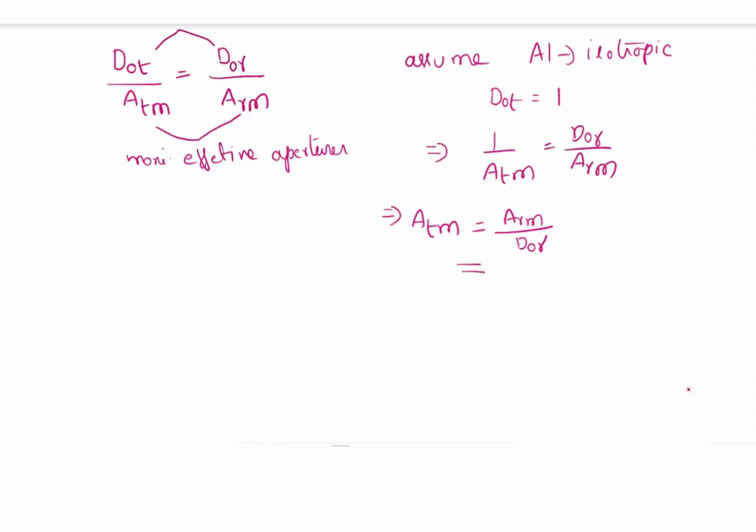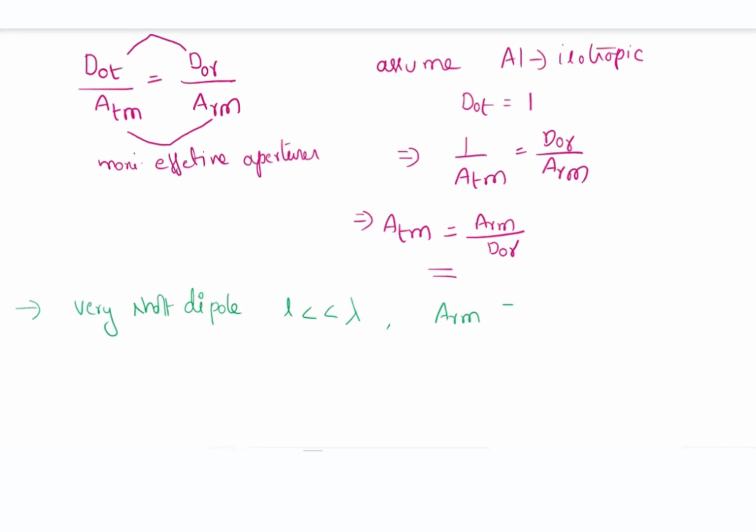Now, the special case for a very short dipole. You know about the dipole antenna, where a very short dipole means the length is very much less than lambda. The maximum effective aperture is 0.119 lambda square and the directivity is 1.5.